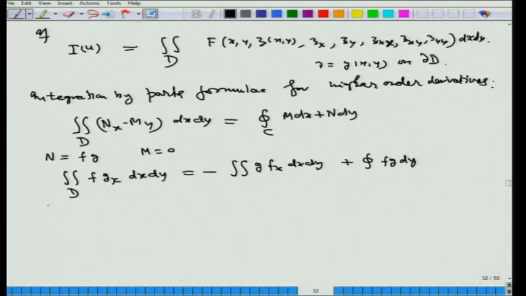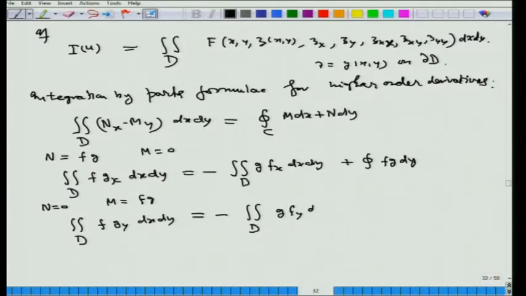And similarly, if we take N equal to 0 and M equal to f g, then we get the y derivative: the double integral of f g_y dx dy is minus the double integral of g f_y dx dy plus, rather minus here, because we have this minus sign to be shifted onto the right, and so you have minus the line integral of f g dx.